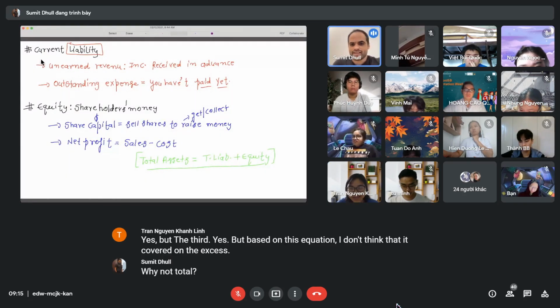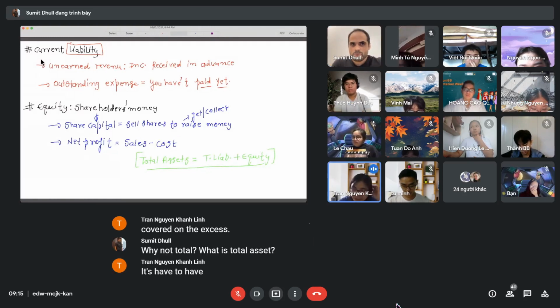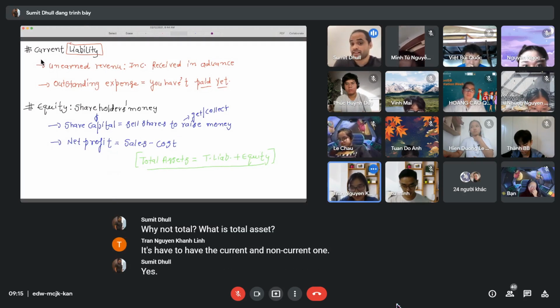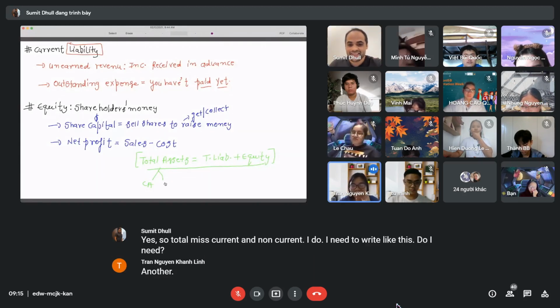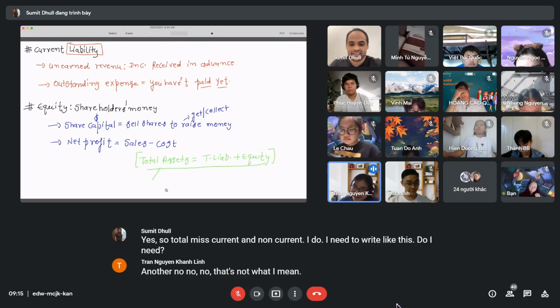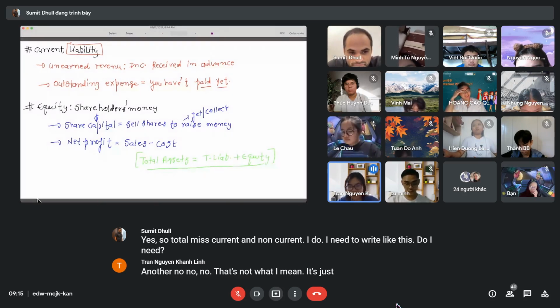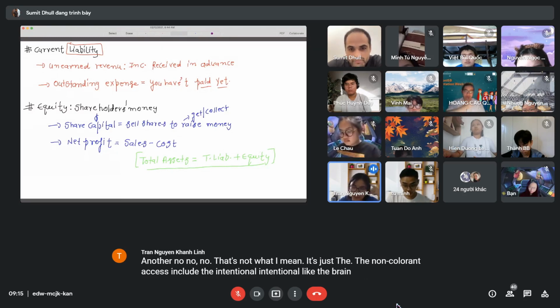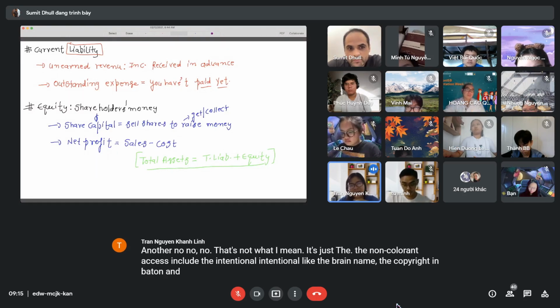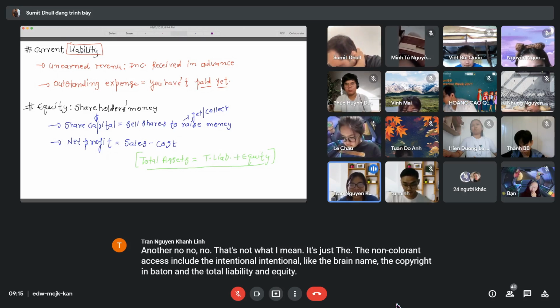What is total assets? It has to have the current and non-current ones. Yes, so total means current and non-current. I need to write like this? No, that's not what I mean. It's just the non-current assets include the intangibles like the brand name, the copyright and patent, and the total liability and equity. I don't think it has that.